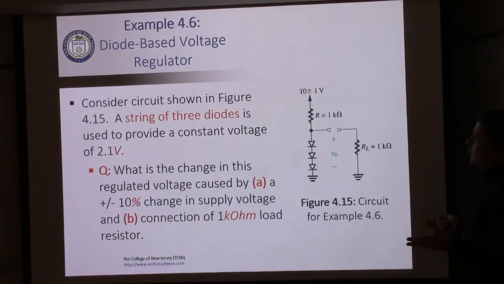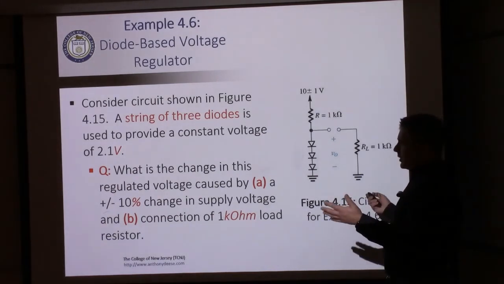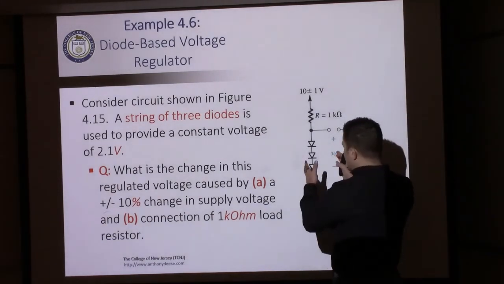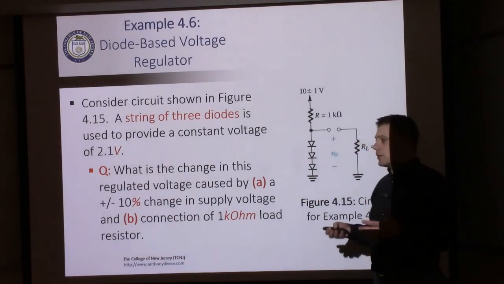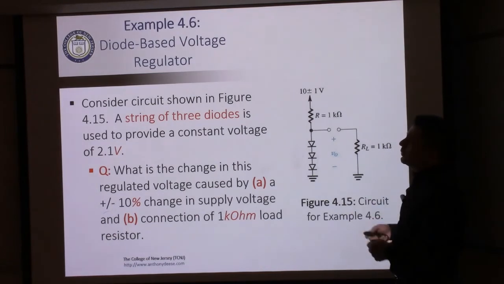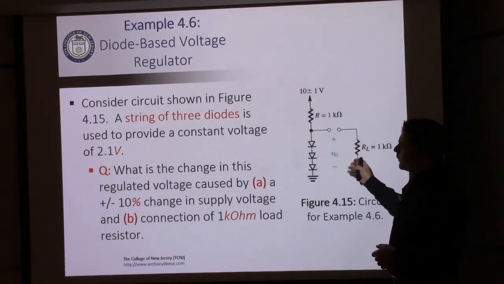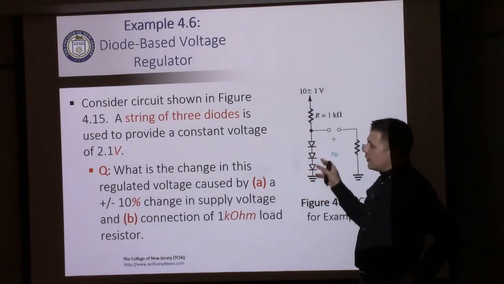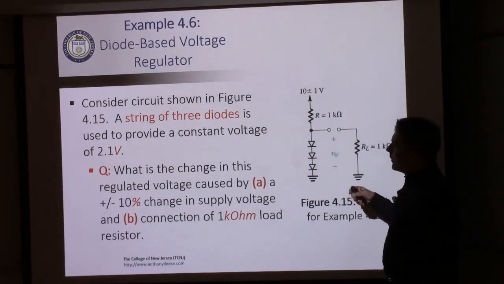Okay, so let's take a look at this example, 4.6, and let's solve. This is an example of a voltage regulator, and we're going to be using the small signal model again to solve this. So consider this circuit shown here in 4.15. It has a string of 3 diodes used to provide a constant voltage of 2.1 volts.